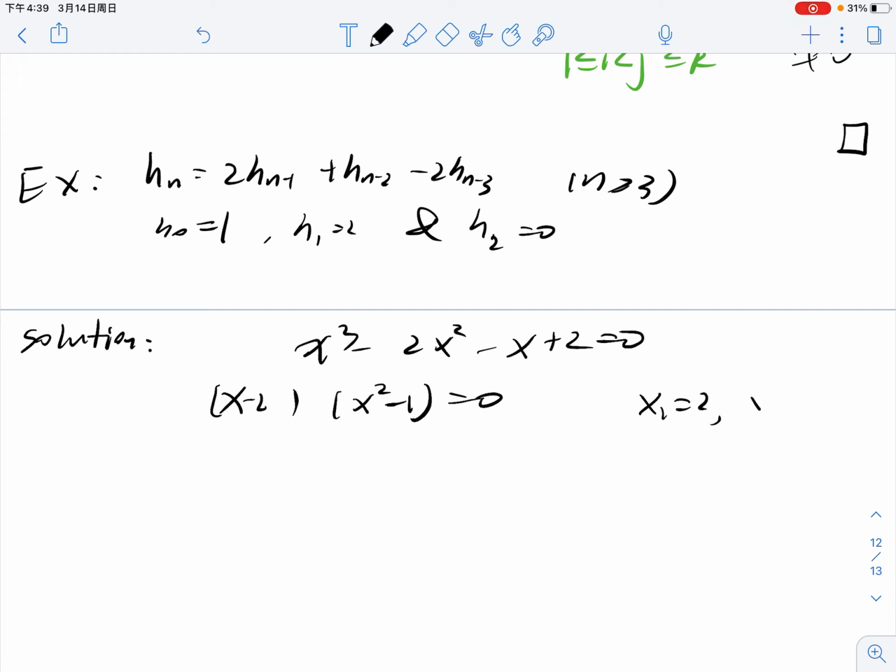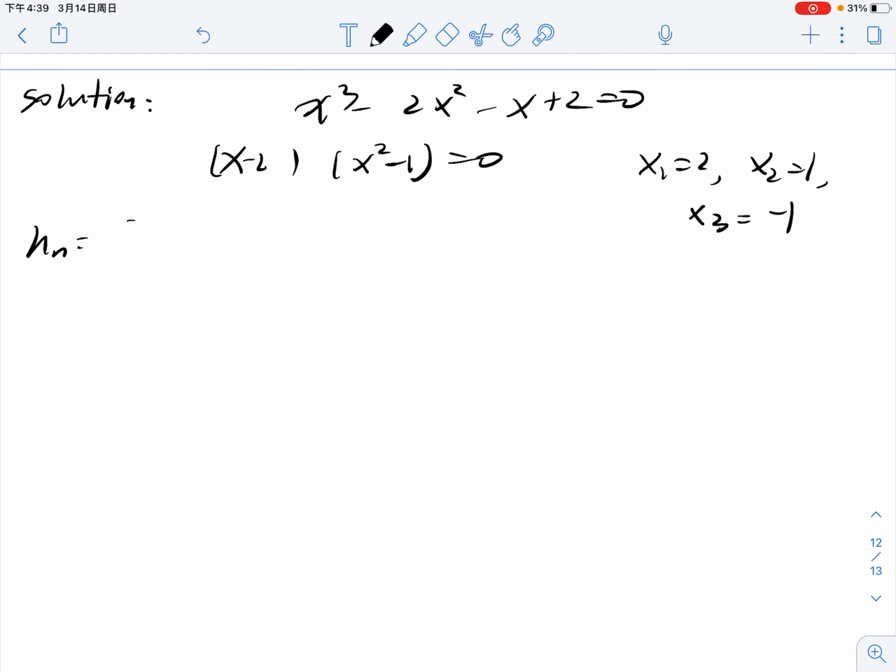You have 3 solutions. And then the general solution is given by, notice that these 3 solutions are distinct. And then you have the general solution C1 times 2 to the nth power plus C2 times 1 to the nth power plus C3 times negative 1 to the nth power.